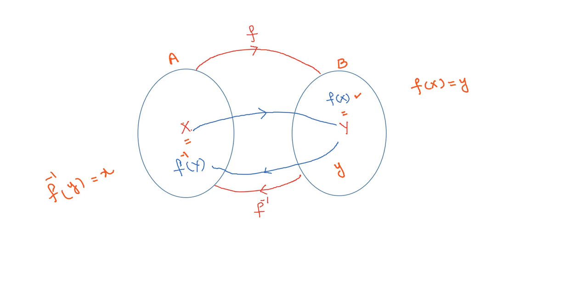So what is the rule? If f of x is equal to y, then x is equal to f inverse of y. Shift the f to the other side and it becomes f inverse.